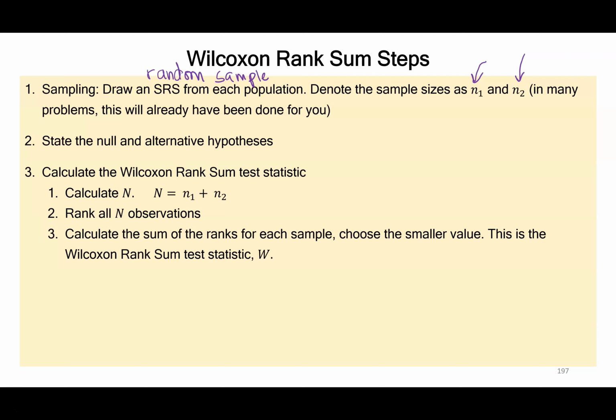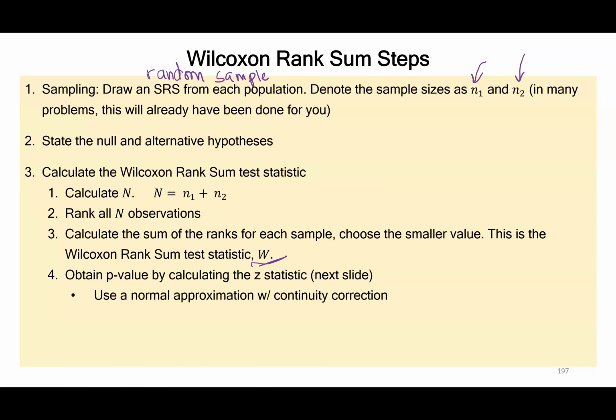And whichever group has the smallest sum of ranks, once you add them up, we will go ahead and use that group to calculate the Wilcoxon rank sum test statistic, which is W.